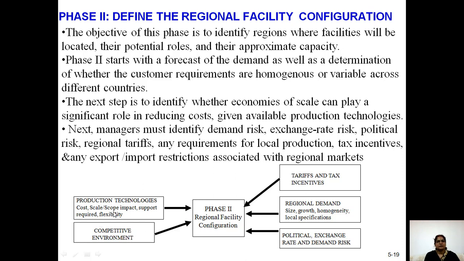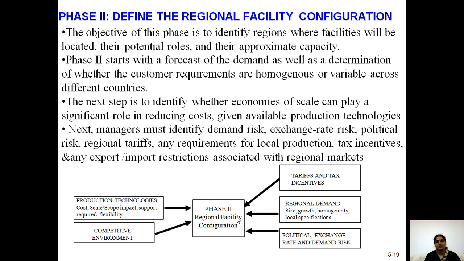This phase starts with the forecasting of the demand. Also, understanding the nature of the demand, how far it is homogeneous or how far it varies across different countries, that is region wise. The next step is to identify whether there is any scope for economy of scale.